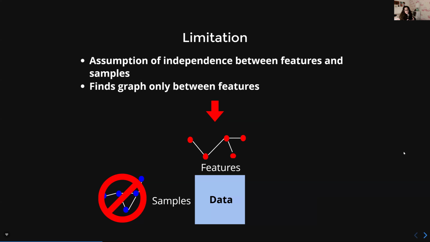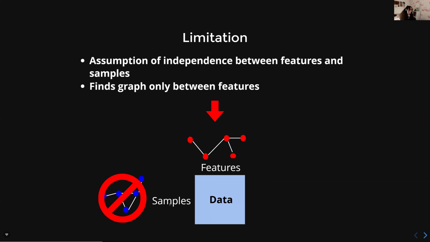When we have a complex problem, like for example the ones we are looking at in biomedical applications, you can imagine gene expression and cell expression. In this case, we are assuming independence between features and samples. So we are only estimating one graph in one dimension, not in the other. Because we assume independence in this dimension, we estimate the graph along the features, for example the gene interactions.